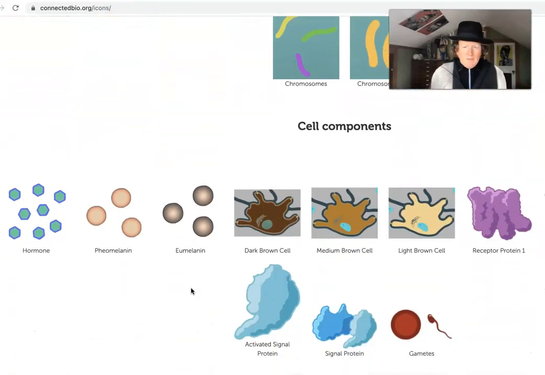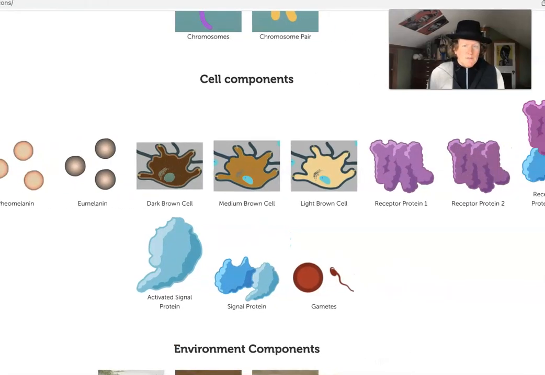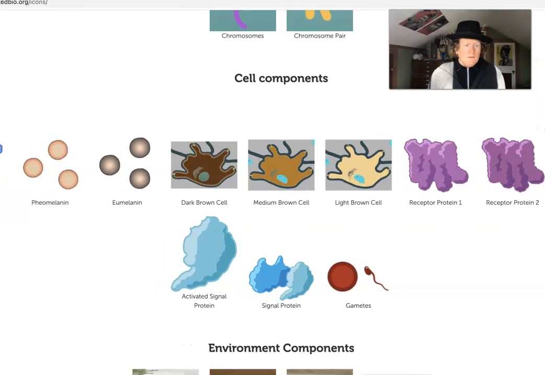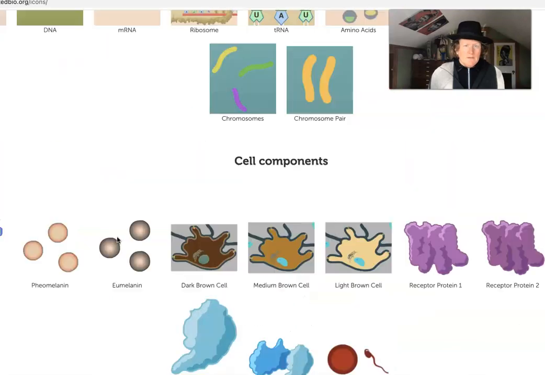You can copy and paste these icons or do a save as and save the image file. There's lots of different icons that will be very helpful in explaining how the cell makes eumelanin or pheomelanin and the different colored mice.